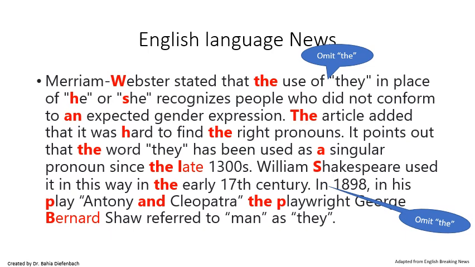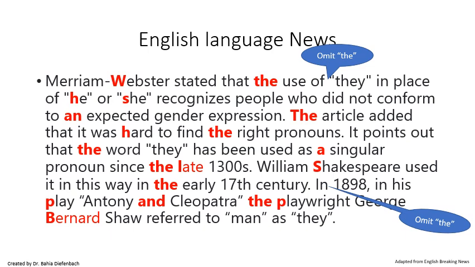There was a the omitted in 1898 in his play, no need for a capital P, Antony and Cleopatra. The playwright, small p, George Bernard, capital B, is the name, his middle name, referred to man as they. If you notice, man is singular, so he referred to man as they.